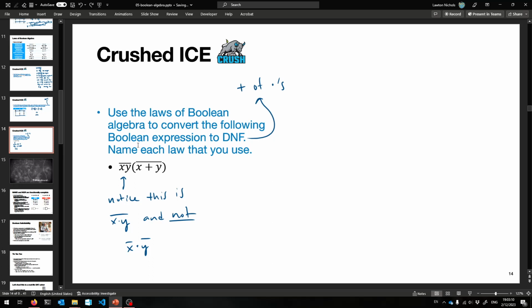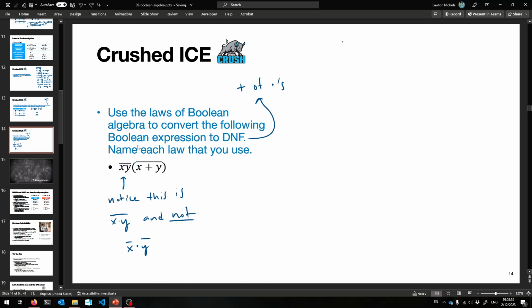Okay, so the idea is, as usual, we'd like to push the negations next to variables. So these are not pushed next to variables yet, and these are not pushed next to variables yet. This bar is over a bunch of stuff, not just a single variable. Same with this bar. So let's push those inwards with some De Morgan's laws, right?